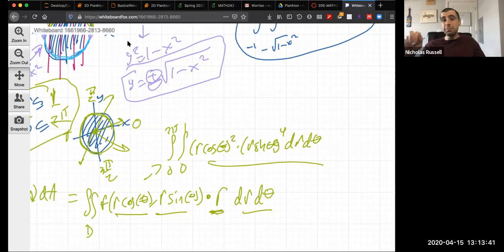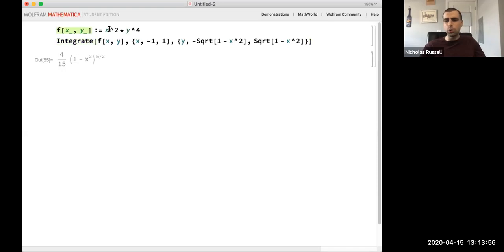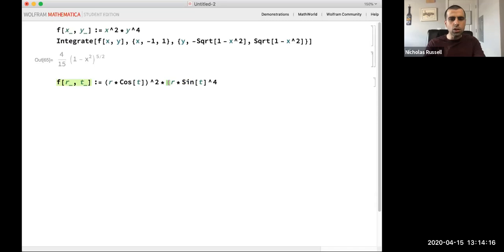Now, what's nice in Mathematica, and this is something I show and explain in the lab, is that instead of having to go through all of this, you might initially go, okay, I'll name this r, and you can use t if you want. This becomes r times cosine of t squared, and this becomes r times sine of t to the 4th.